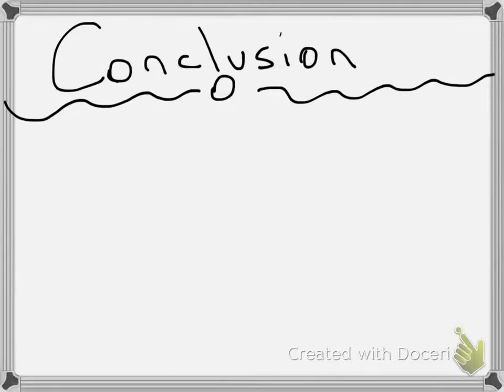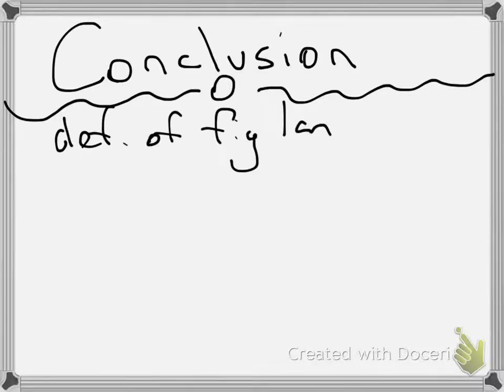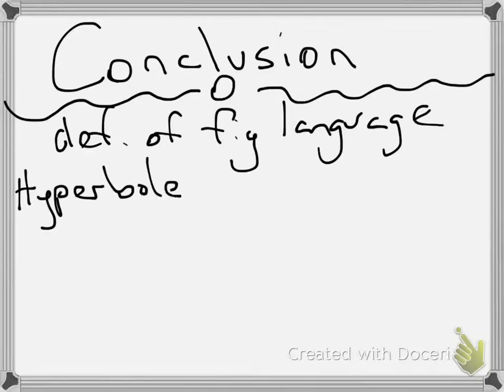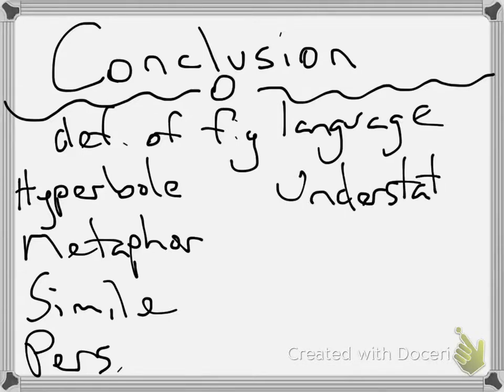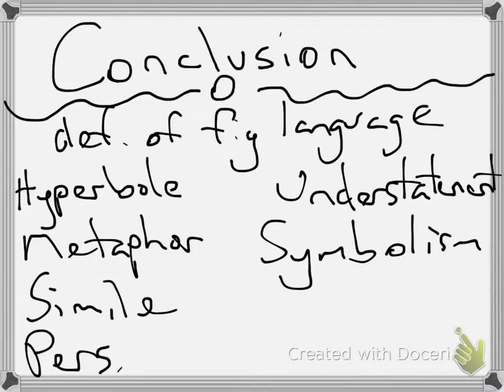Okay, so today we've gone over what figurative language means. And we've gone over 7 types of figurative language, including hyperbole, that's an important one, metaphor, simile, personification, understatement, symbolism, and onomatopoeia.